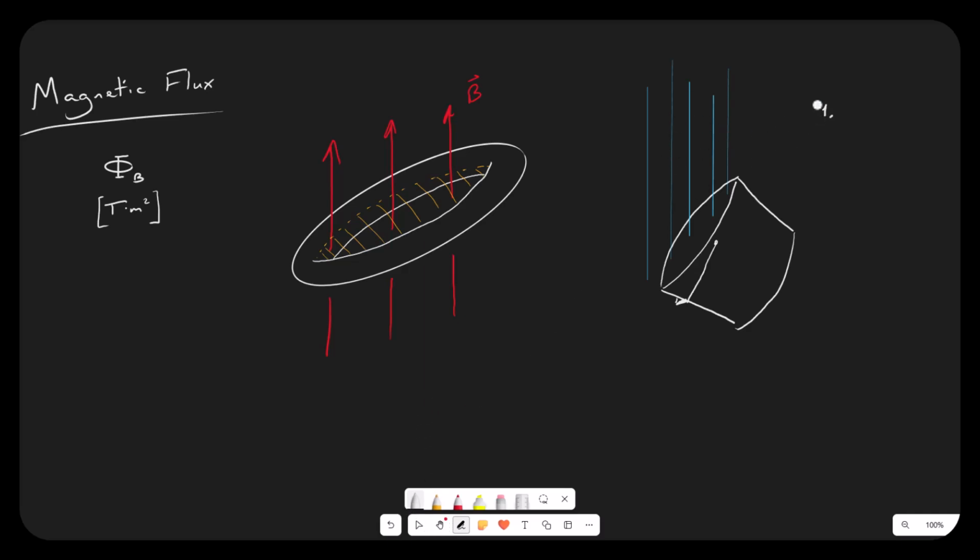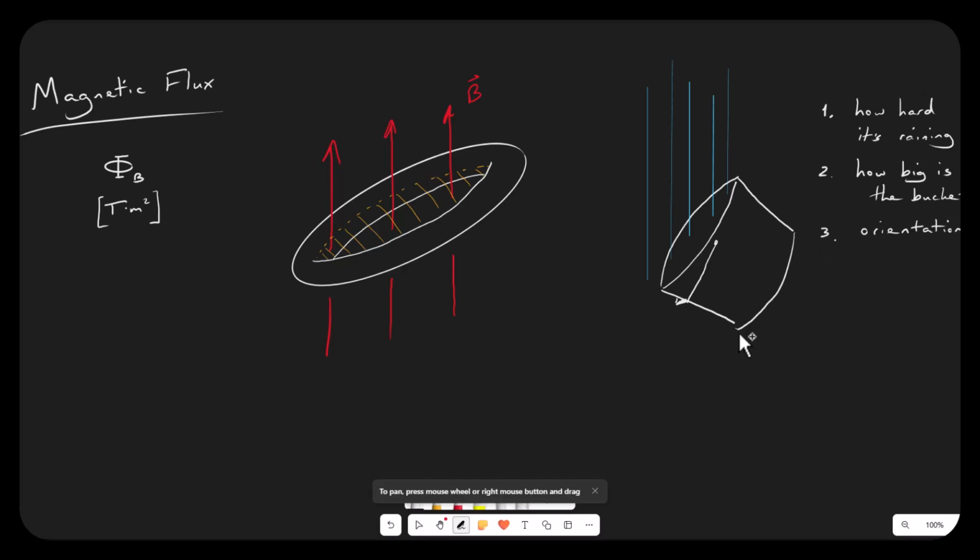One, it's going to depend on how hard it's raining. And we'll translate all these back to magnetism in a moment. Two, it's going to depend on how big the bucket is. And three, it's going to depend on how we're oriented. If I take this bucket and I rotate it, I could catch more rainwater. If I rotate it the other way, I might catch less rainwater. So somehow, the orientation.